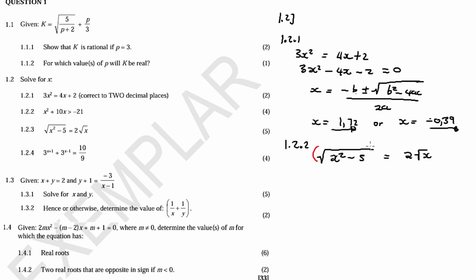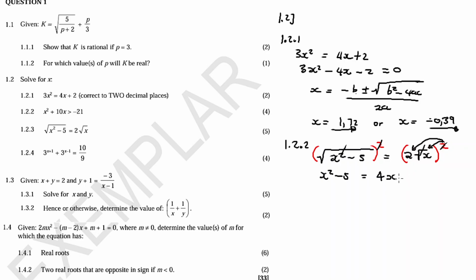Since the roots are isolated, we're just going to take the squares on both sides. So this square cancels out that root, and we have x squared minus 5 equal to, then this squared, the 2 is raised to the square, so 4, and the square cancels the square root of x.